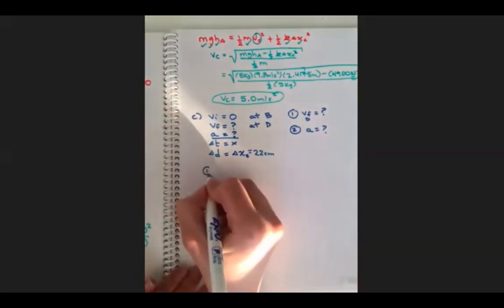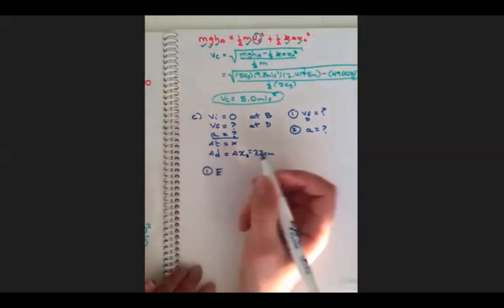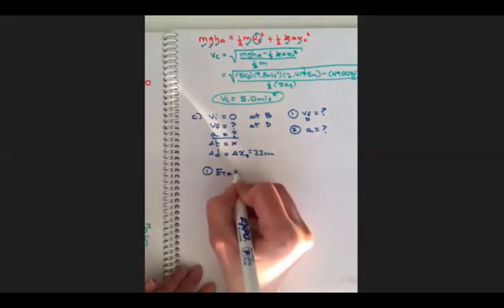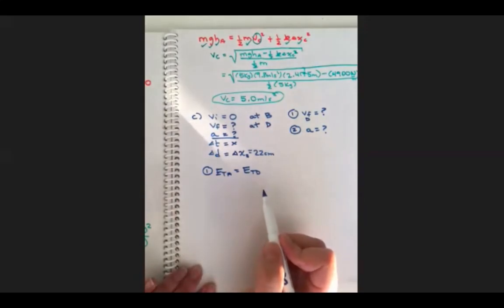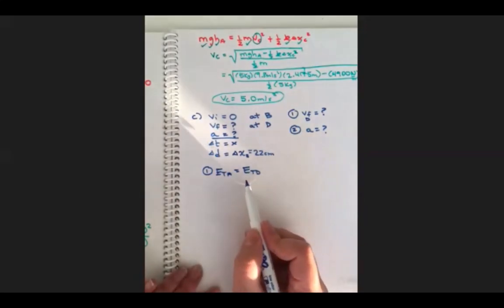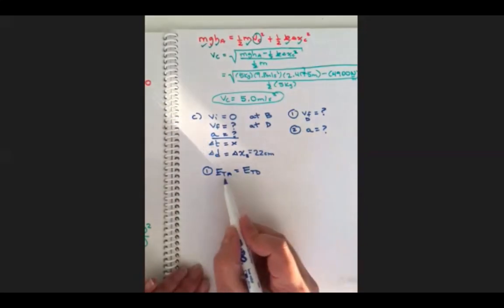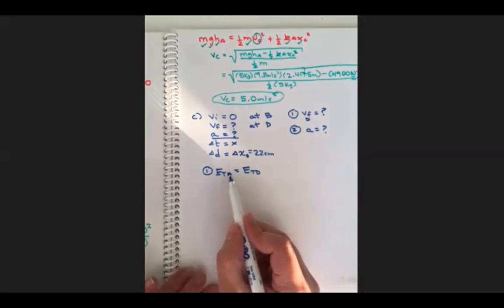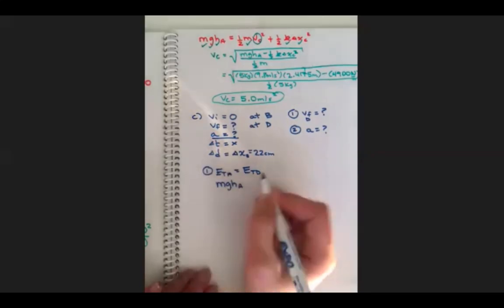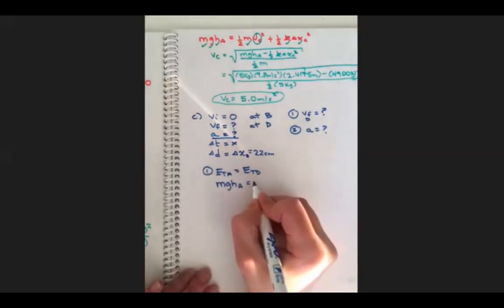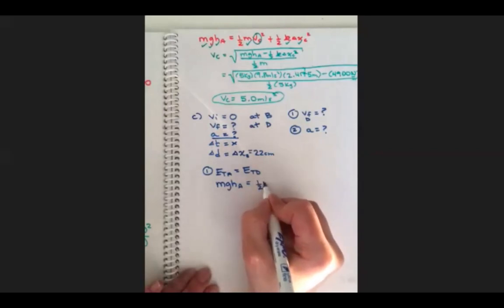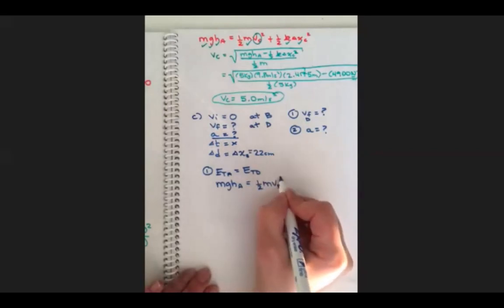So in step 1, we're going to compare 2 points. Obviously, you have to use ETD as one of the 2 terms, but you can choose between A, B, and C for the other side. ETA is the simplest because we already know that's mgHa, and then ETD is only kinetic energy, so it's 1/2 mvd squared.